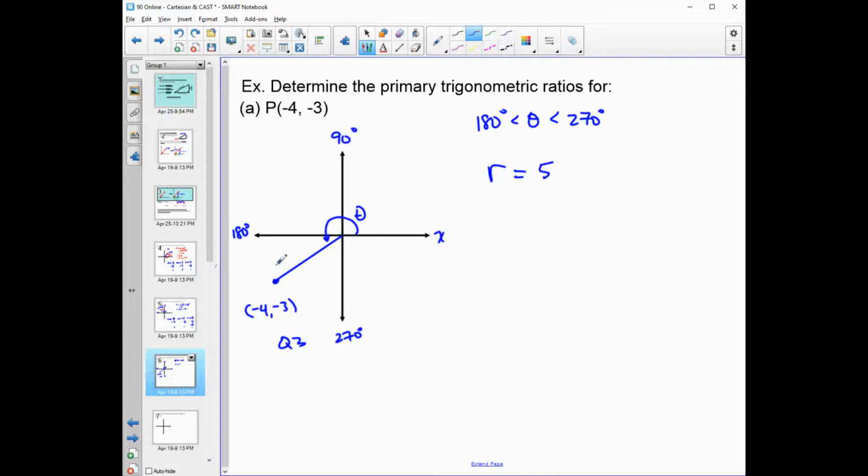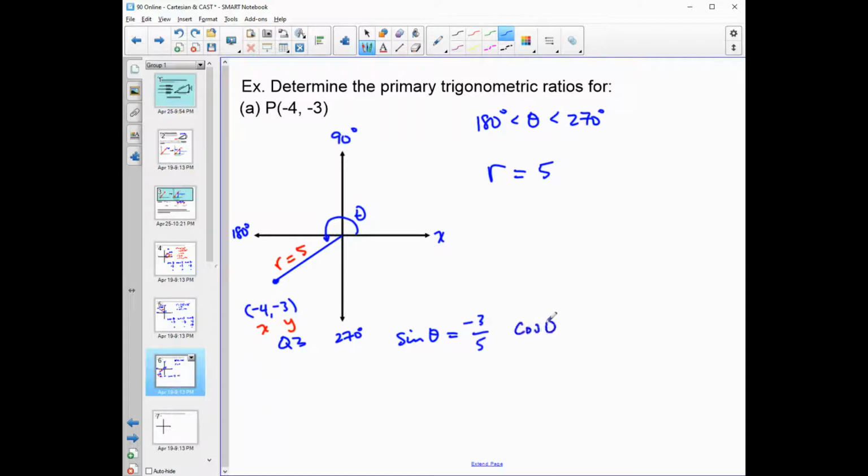That part hasn't changed, because even though we've introduced negative values, when you square those, they become positive. We get the same result as before. So now the sine of theta, by definition, is y over r. Well, in this case, there's my x value, there's my y value. So y over r is -3 divided by 5.